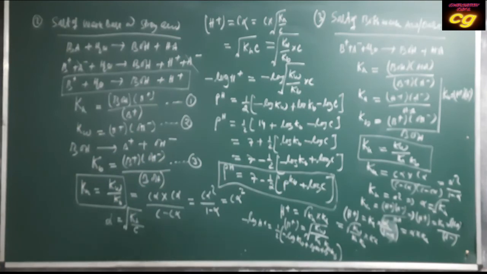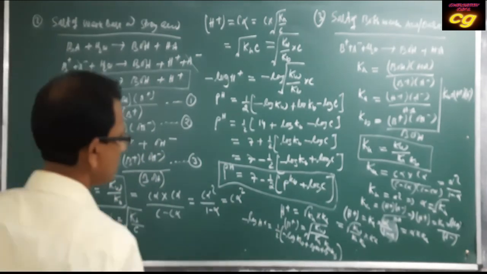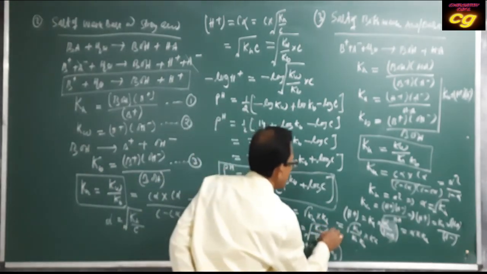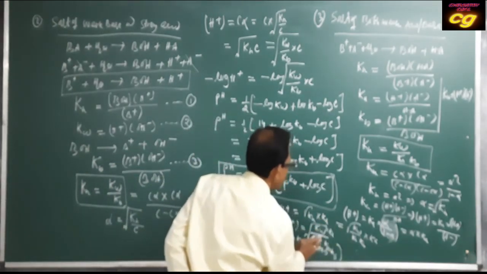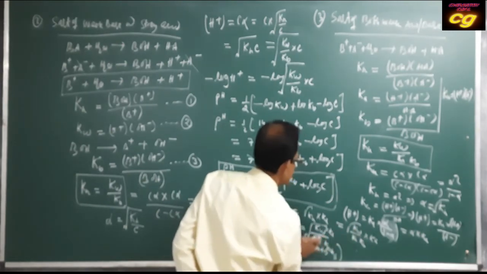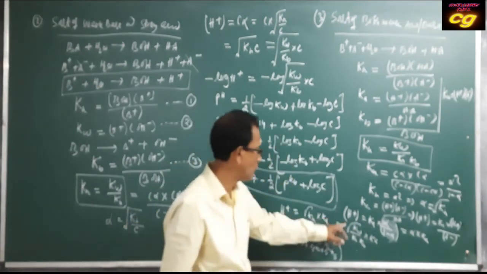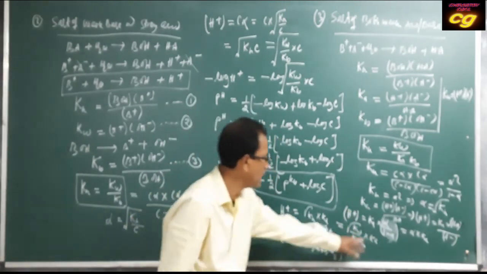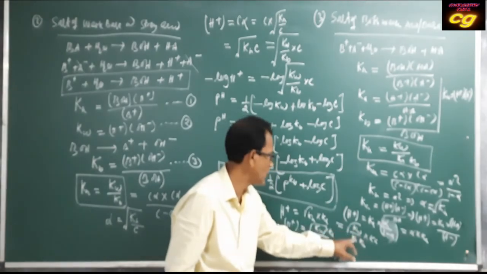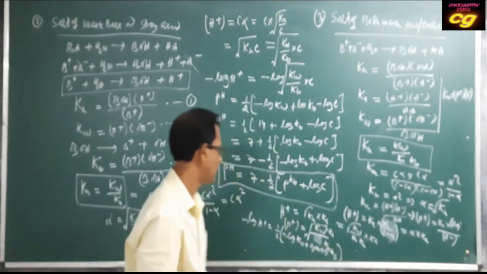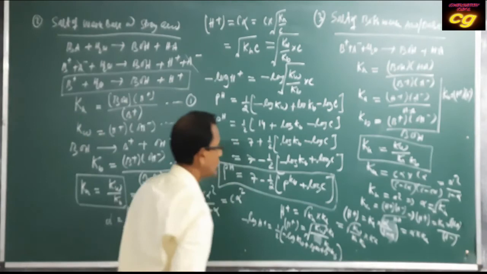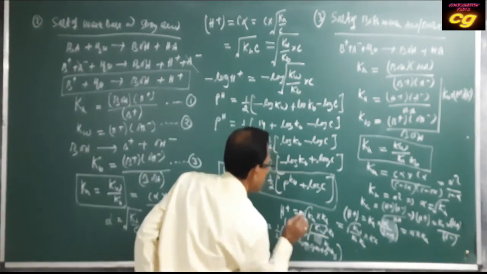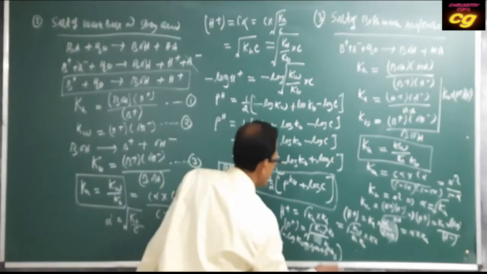Then what is the result? Here Ka goes inside, it will be Kw into Ka square upon Ka, so Ka Kw by Kb, so it will be minus log.